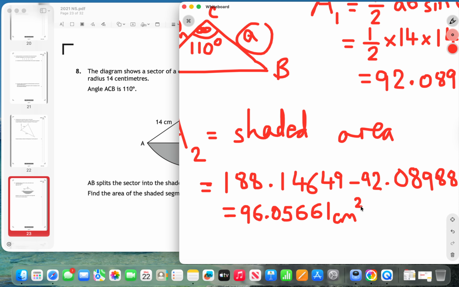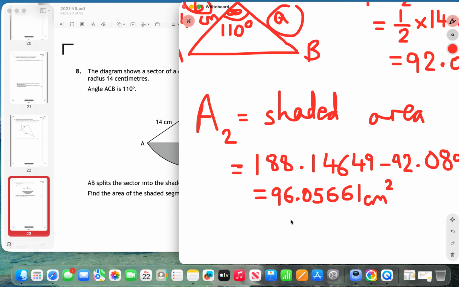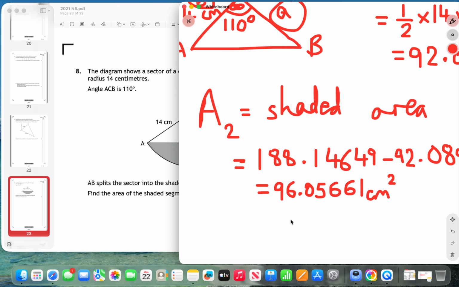It's up to you how many decimal places or significant figures, but let's do this to 2 decimal places. I think the best way to round it is to 2 decimal places in this particular case.